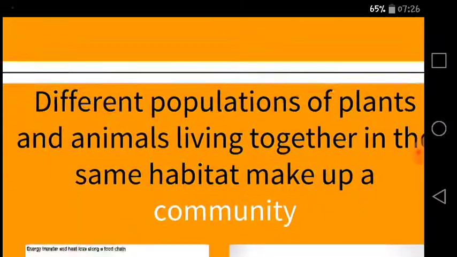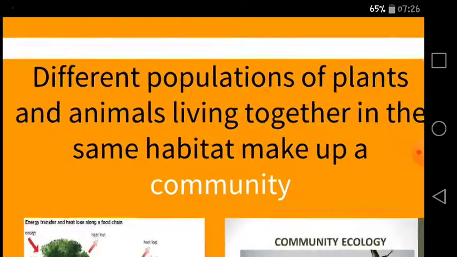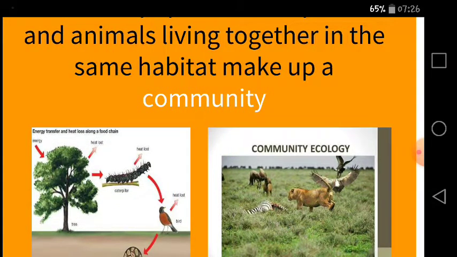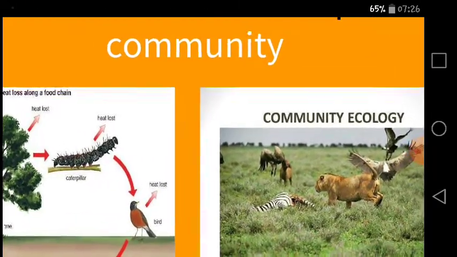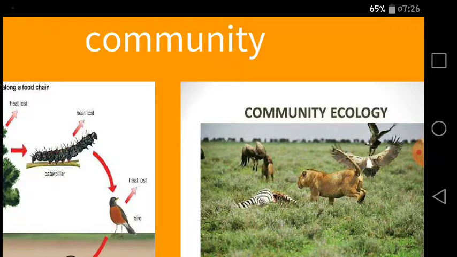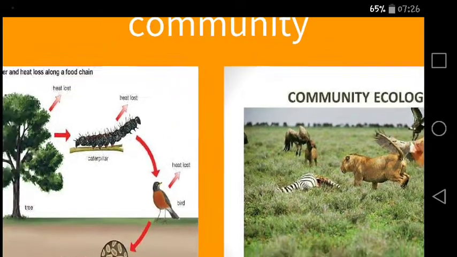Now we are focusing on the community. Different populations of plants and animals living together in the same habitat make up a community. You can see from this diagram the different populations, when they are interacting with each other within the same habitat, they make a community.